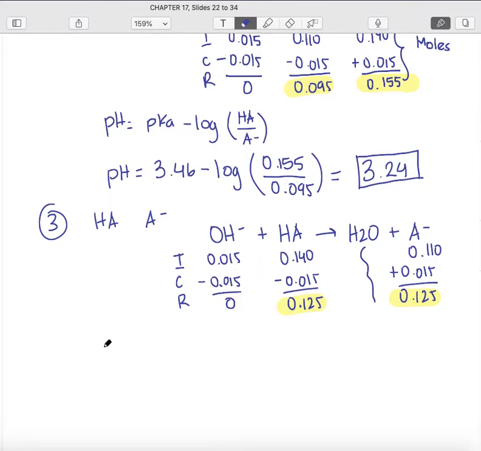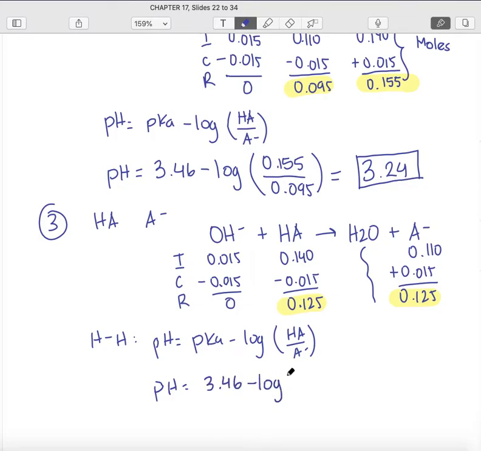So then what I do is that I'm going to use again the Henderson-Hasselbalch equation, which says that my pH is equal to the pKa minus the log of my acid divided by my base, and that's equal to 3.46 for the pKa minus the log of 0.125 divided by 0.125. So 0.125 divided by 0.125 is obviously the log of 1.